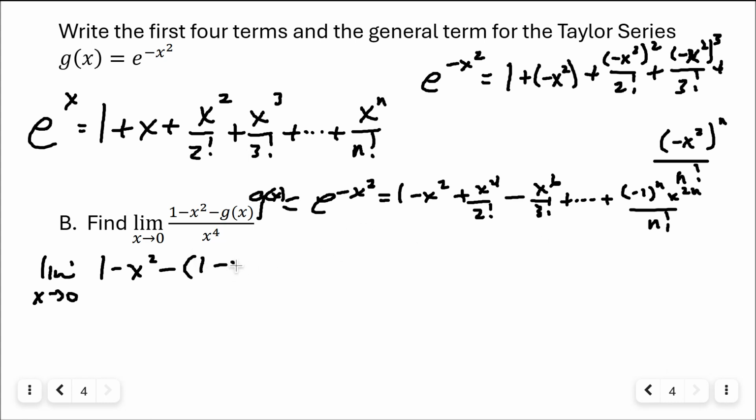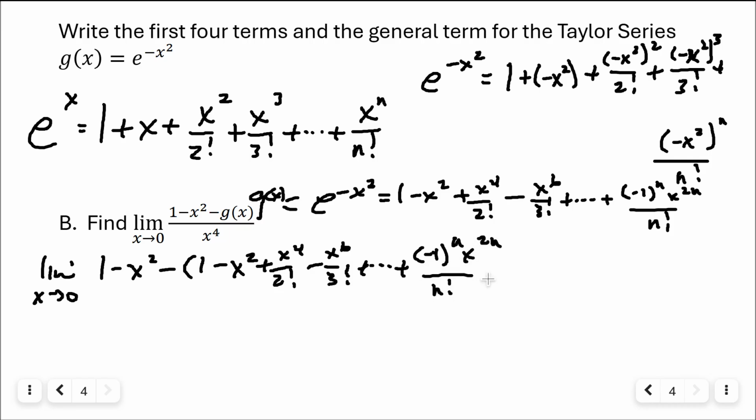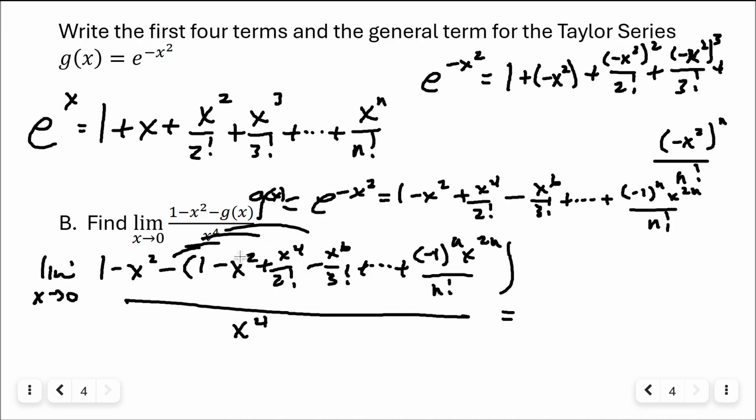So 1 minus x squared, minus the quantity 1 minus x squared plus x to the 4th over 2 factorial, minus x to the 6th over 3 factorial, plus the general term, negative 1 to the n, x to the 2n over n factorial, all over x to the 4th. All right, now I'm going to clean this up. If I distribute the negative to all of these, the 1 minus 1 drops out, negative x squared minus that drops out.